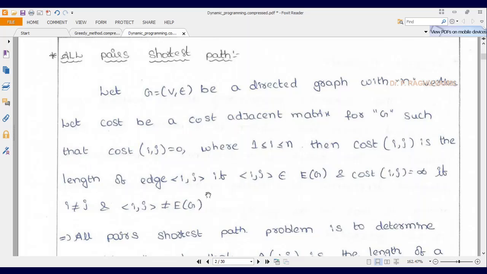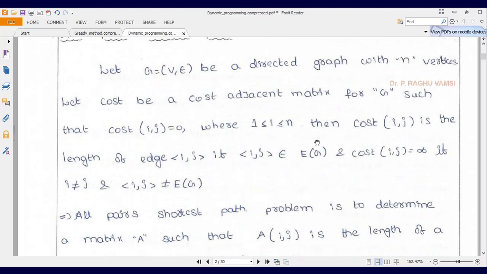Then cost(i, j) is the length of the edge, that is the edge weight that we have placed, if (i, j) belongs to E, and cost(i, j) is equal to infinity if i is not equal to j and (i, j) is not an edge of G. That means if there exists no path, or if you are referring to the self vertex, then you are supposed to replace it with infinity.